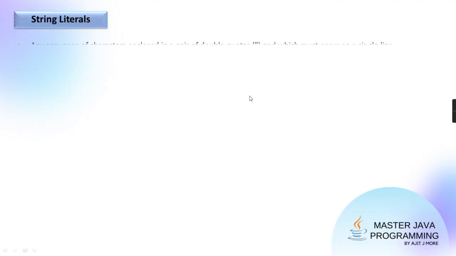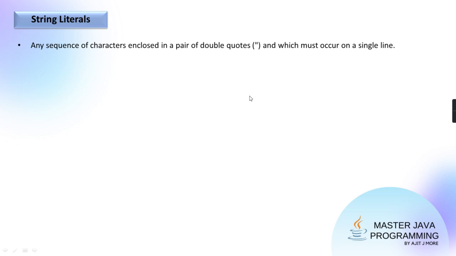Whatever I tell you is right, remember. I don't give you wrong information, and when I don't know, I try to find out. See here, any sequence of characters enclosed in a pair of double quotes must occur on a single line, meaning Java considers a string literal only for one line.